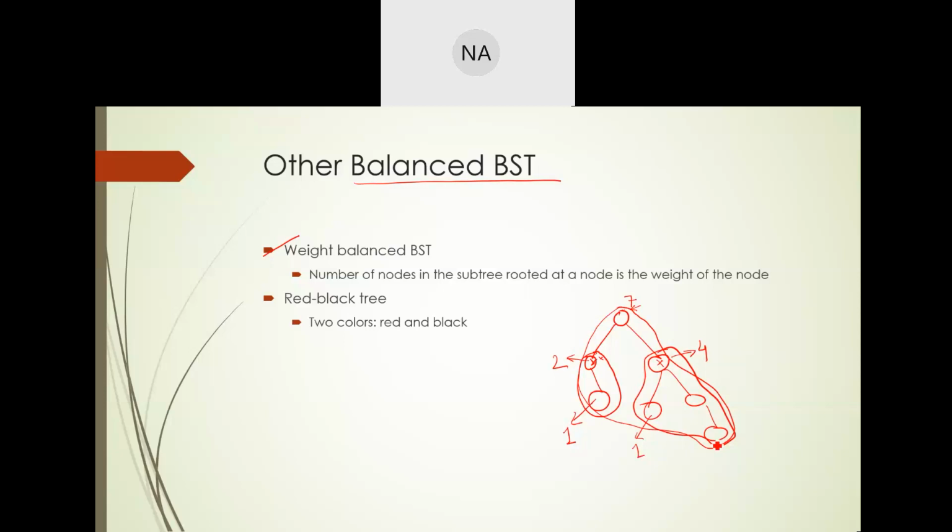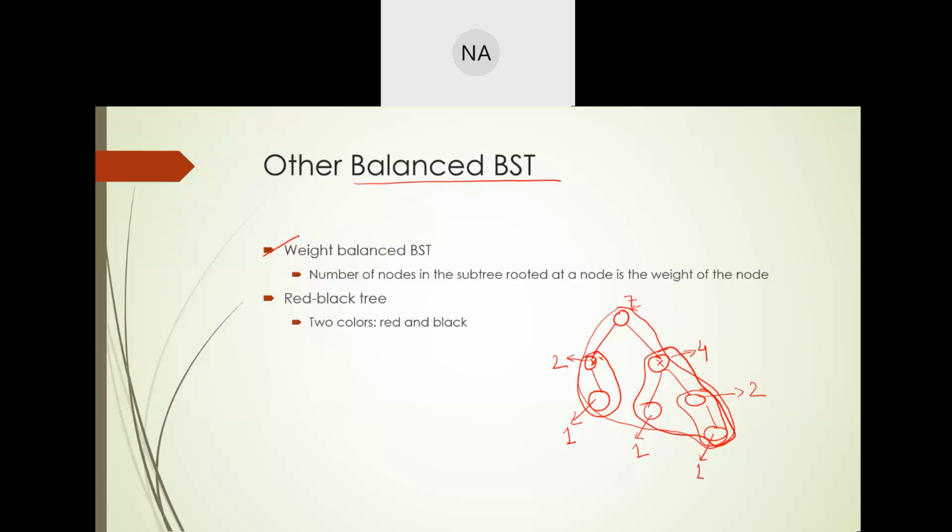Leaf node, only one. For this node, the subtree rooted at this node contains two nodes, right? So this way you can define the weight of the nodes, and then you can define certain criteria which define the balance of the tree.